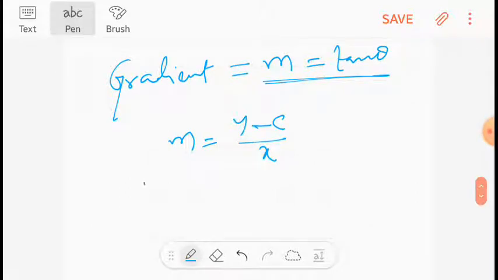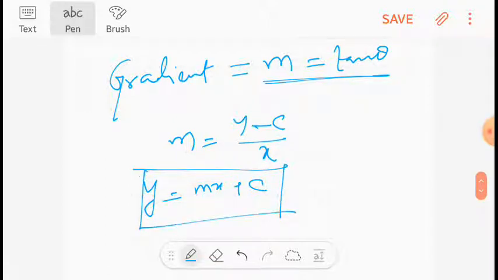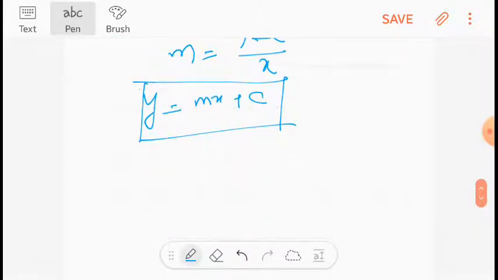So we can write here that y equal to mx plus c. This relation is satisfied by any point on the line, hence this is the equation of a straight line. Okay, so this is the gradient form of the equation of a straight line, where m is the gradient here.